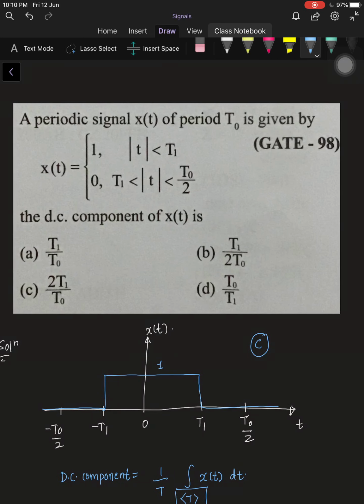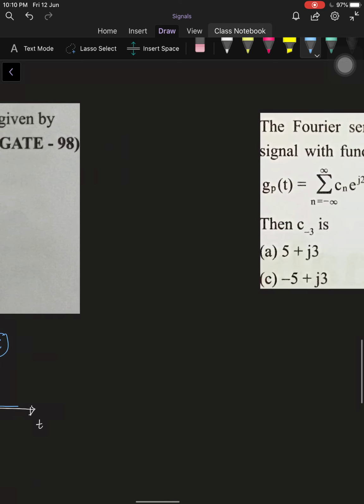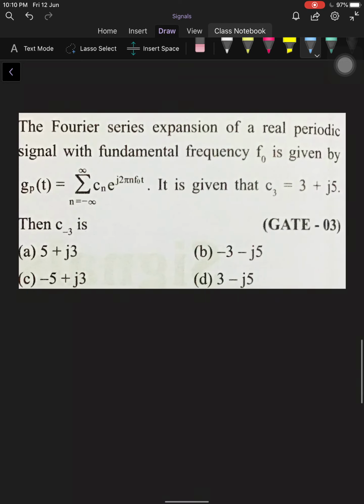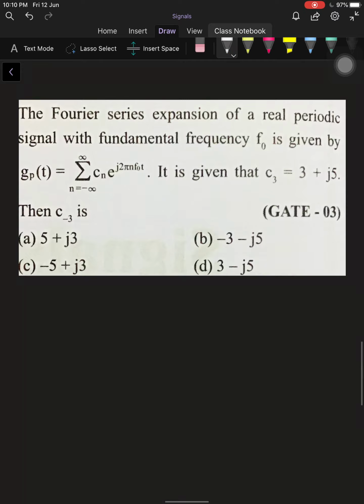Now we'll take up the second question for this video. This question says that the Fourier series expansion of a real periodic signal with fundamental frequency f0 is given by gp of t, and the Fourier representation of gp of t is given.